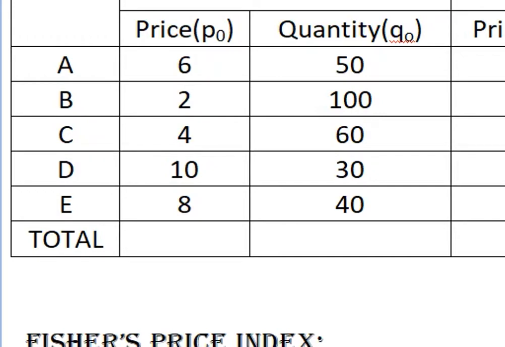So as usual, we need all these values, that is summation P1 Q0 and so on. Now since we have already done the 4 price indices, you know how to solve all these values. So can you just try finding these values? Yes.